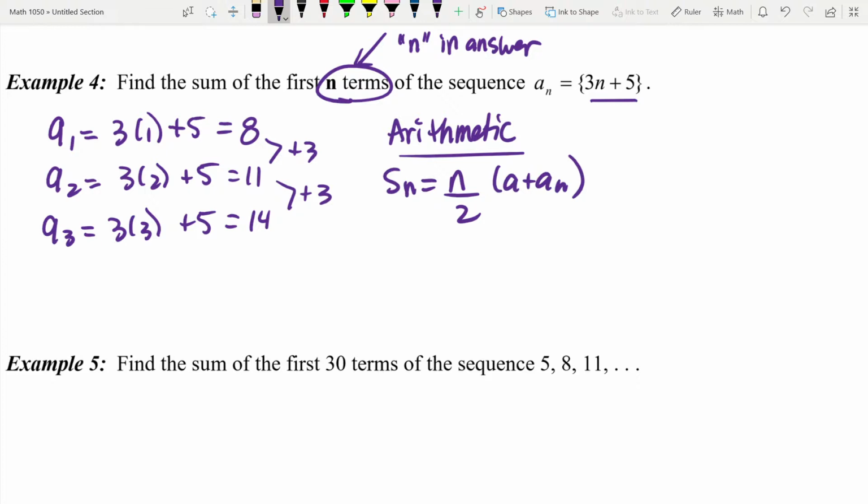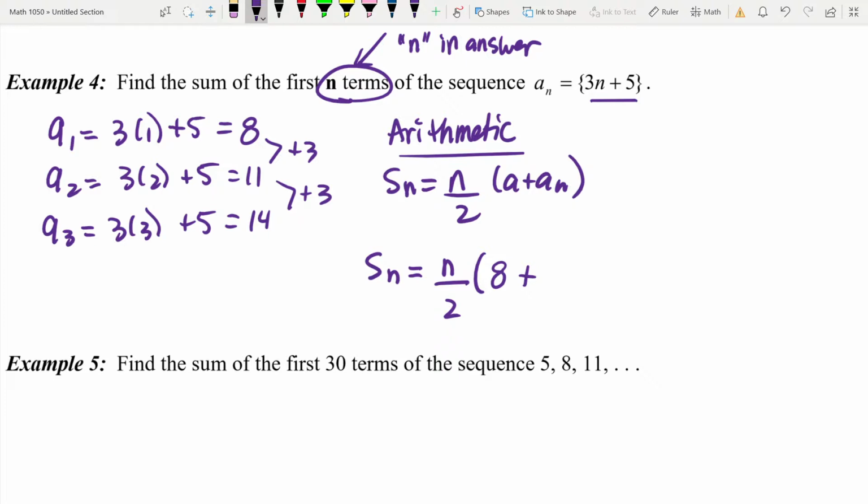Always. So then the sum of the first n terms: I don't know what n is, it's n, divided by 2. First term, that's a, which is the same thing as a sub 1, that's an 8, plus a sub n. I don't want an a sub n in my answer. That means the last term, or the nth term.